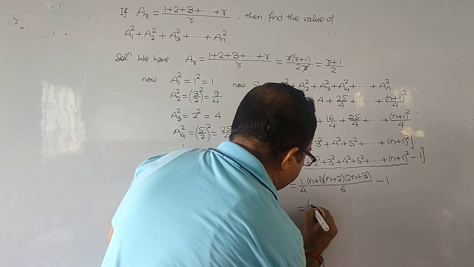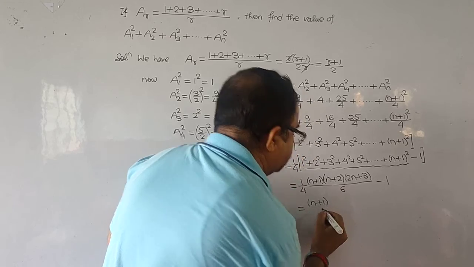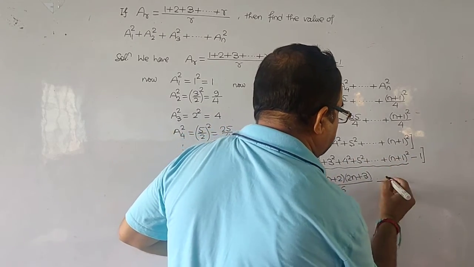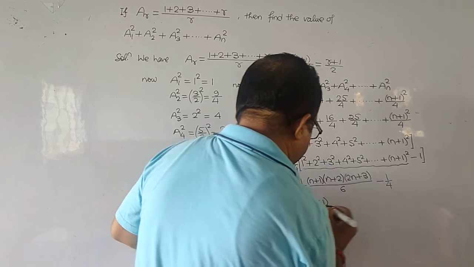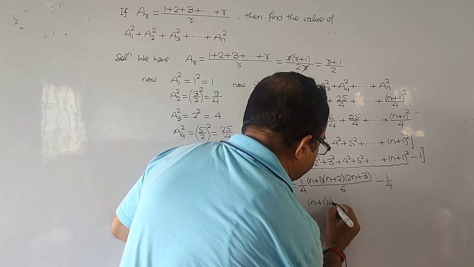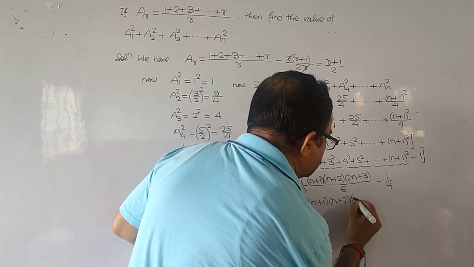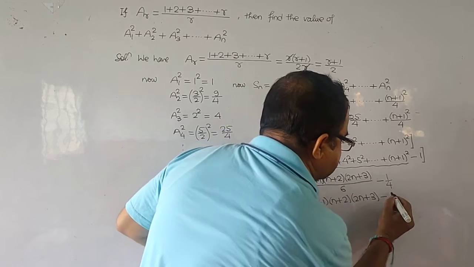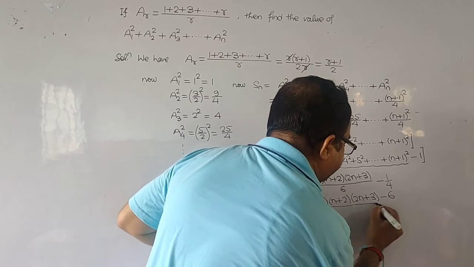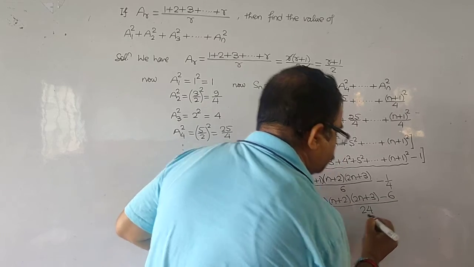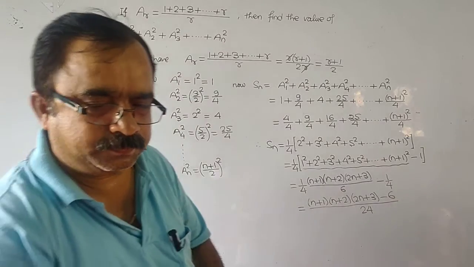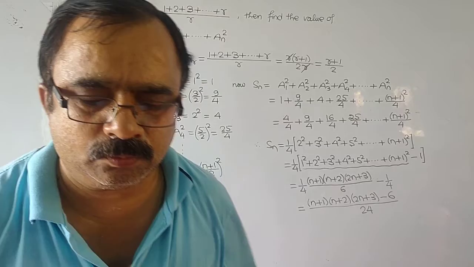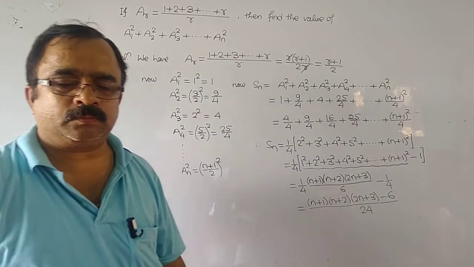This will be (n plus 1) minus 1 by 4, (n plus 1)(n plus 2)(2n plus 3) minus 6 whole upon 24. Yes? Okay?